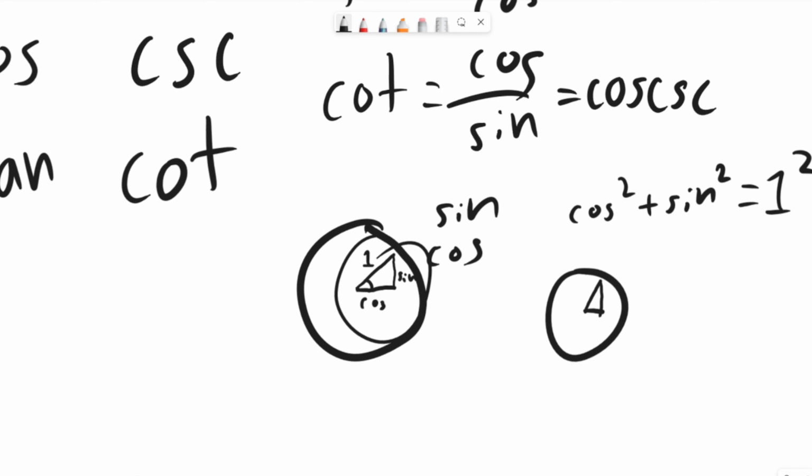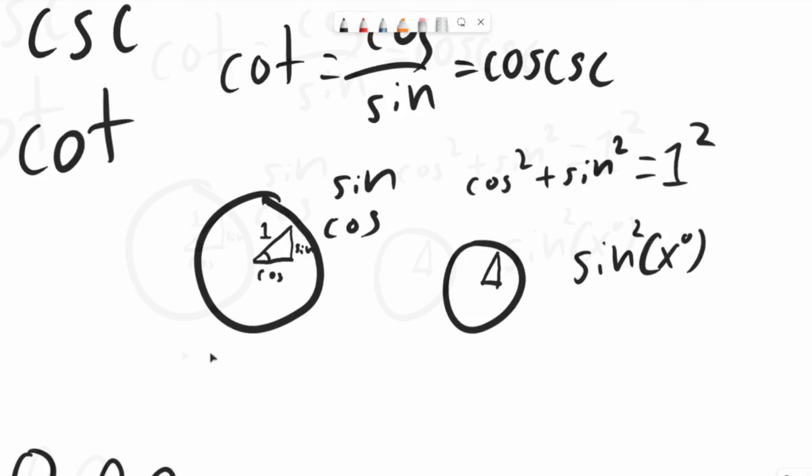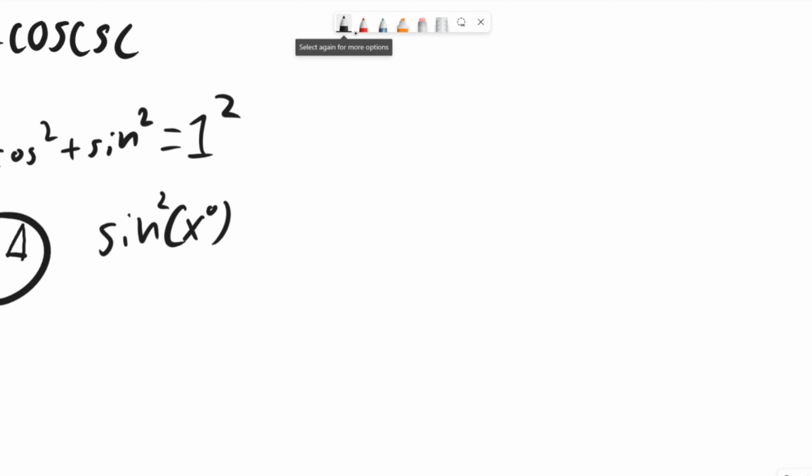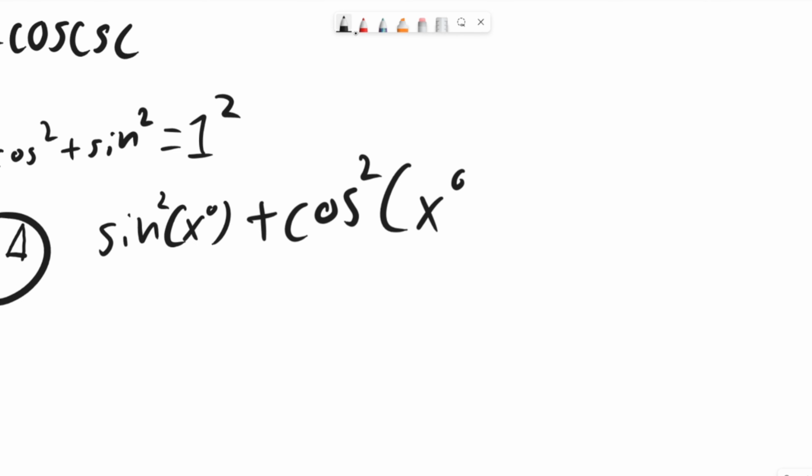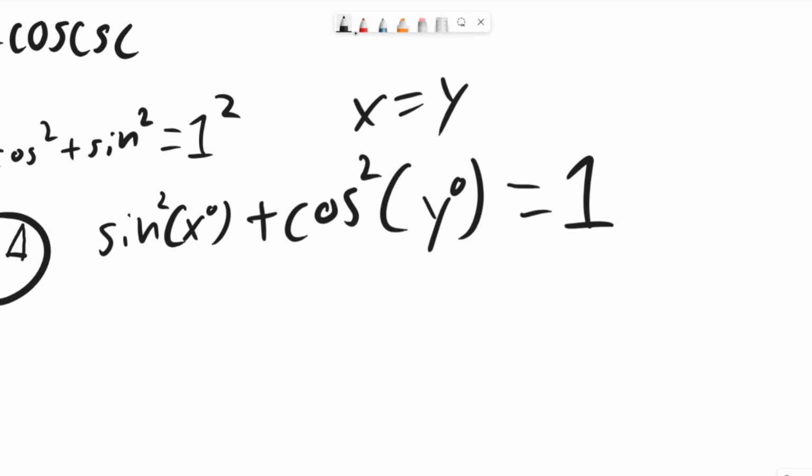But 1 squared is just 1, meaning the sine squared of any value x plus the cosine squared of any other value y, and x can also equal y, so they can be the same value, will always equal 1.